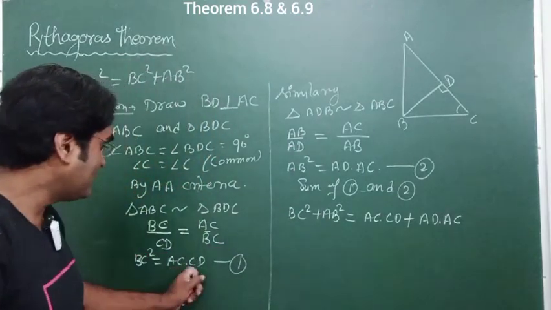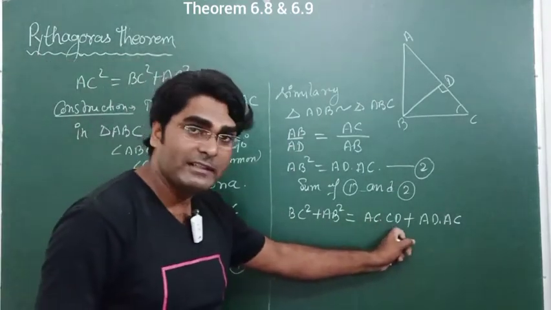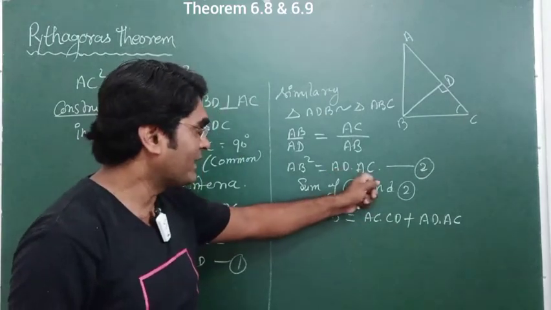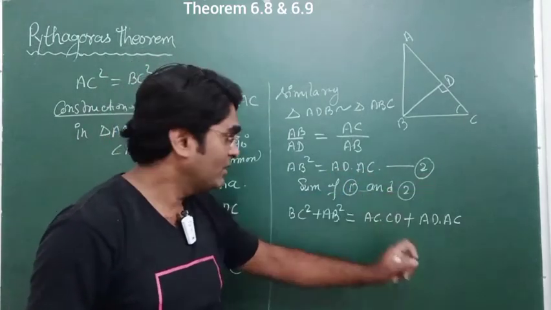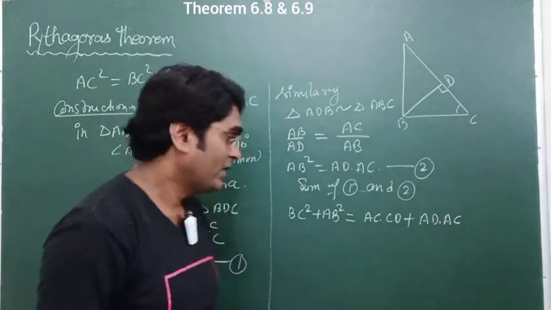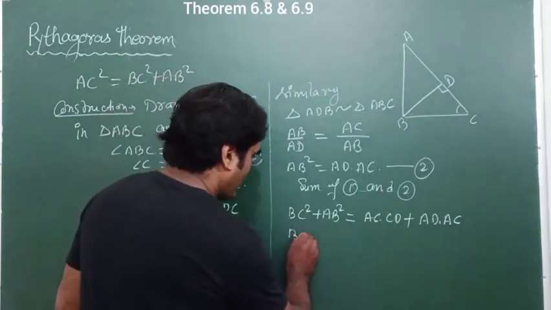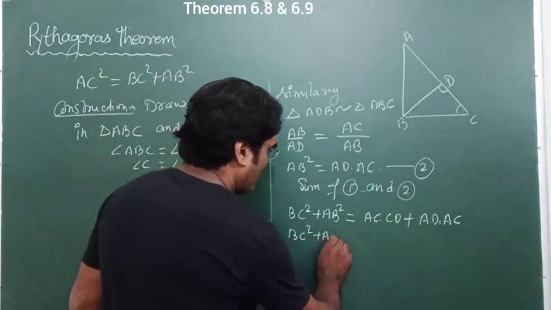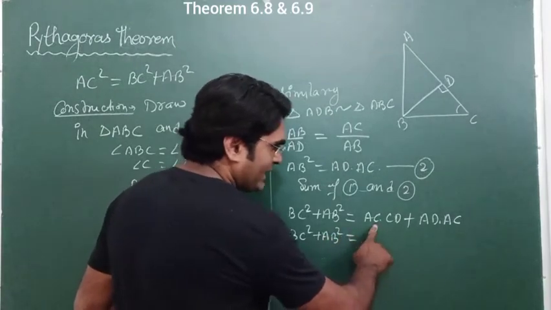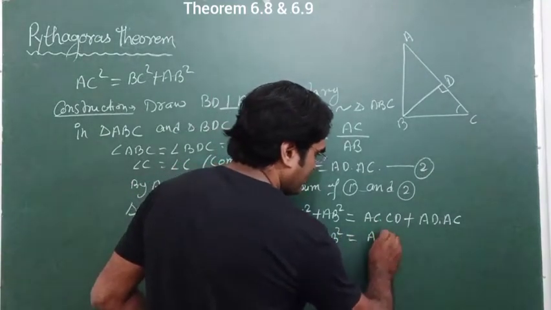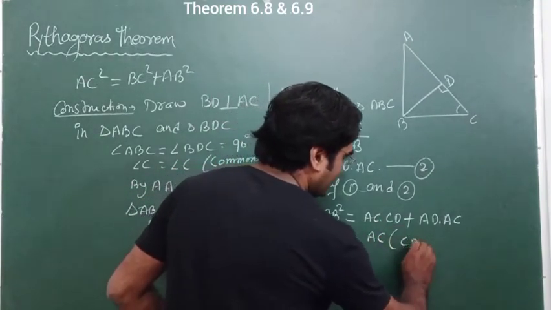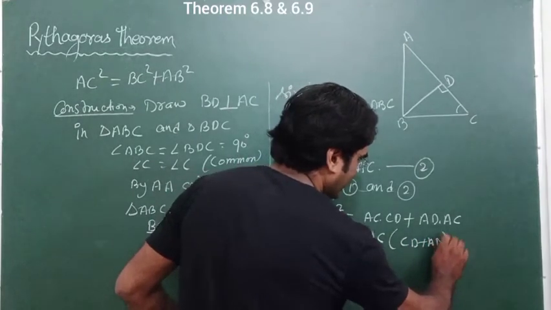Right hand side AC into CD, so AC into CD plus AD into AC is the right hand side of the second equation, so this is AD into AC. Now this is BC square, this is AB square. Now you can take AC common from both of them, so this will be CD plus AD. Got it?